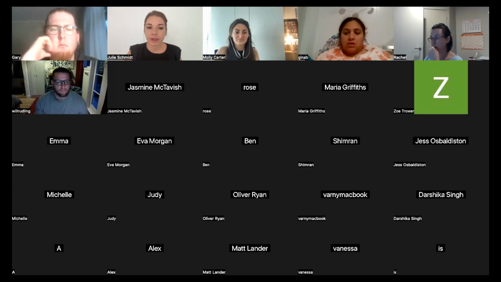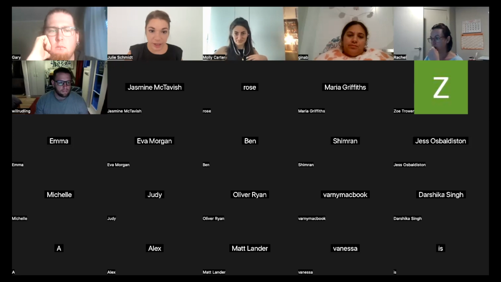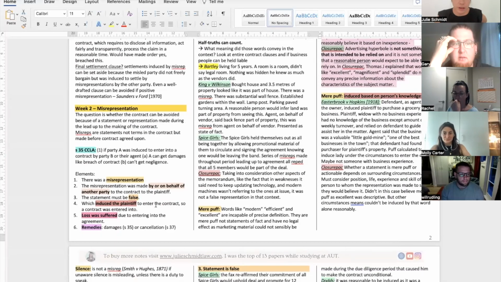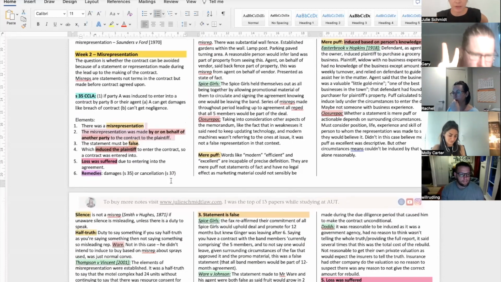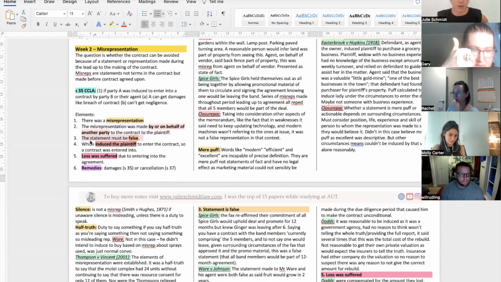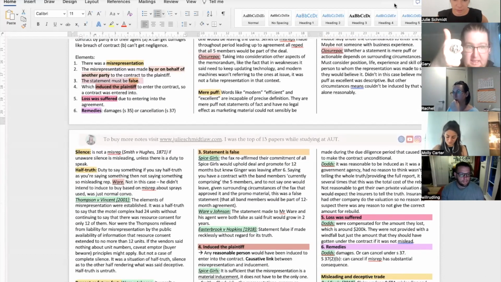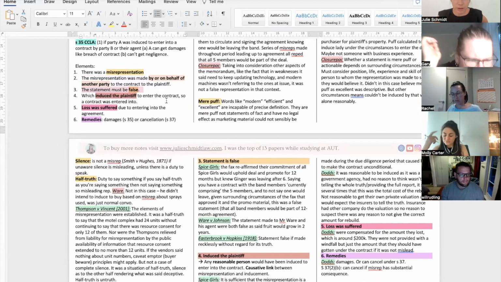Let me go quickly since we still have to cover entire agreement clauses. Yes, element 2: it was made by the agent. That counts as being made on behalf of the party. Was the statement false? Yes, it was.